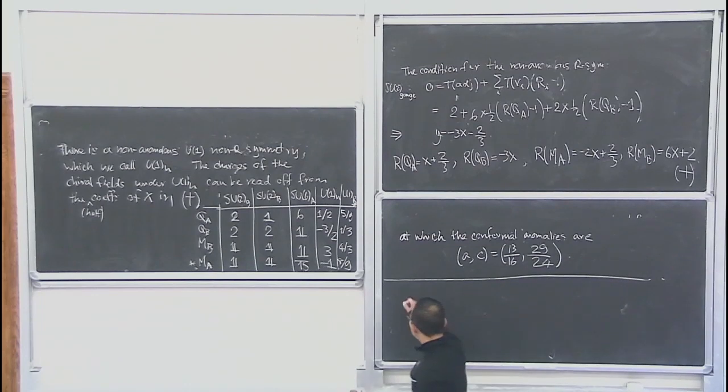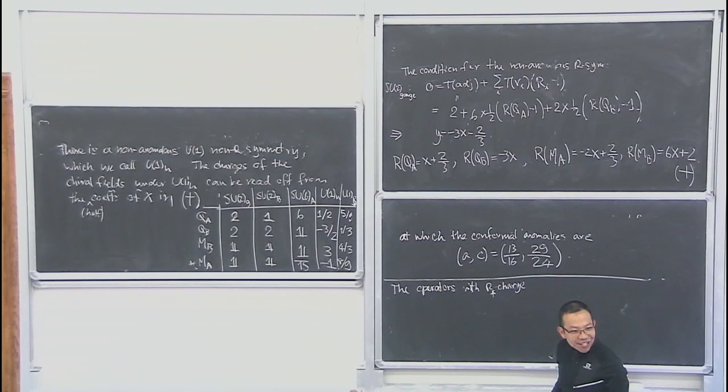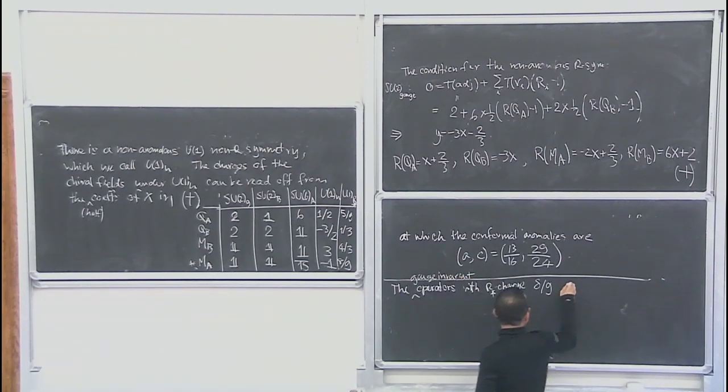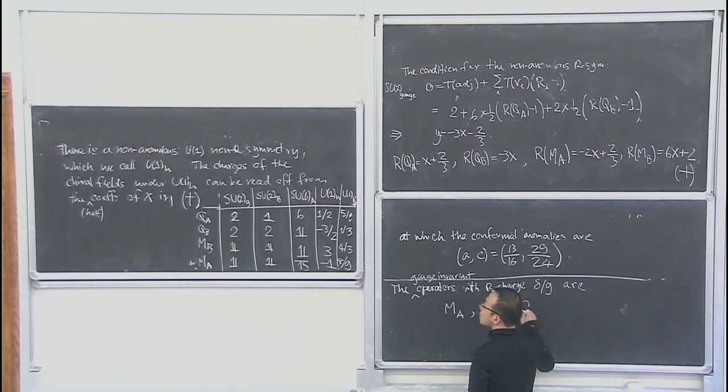So the operator with R star charge, let me be strict, 8 over 9. Let me emphasize, gauge invariant operator, which comes from MA and QA, QB. How do you contract the indices?